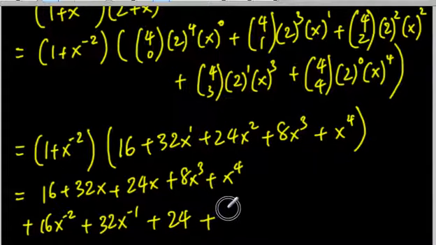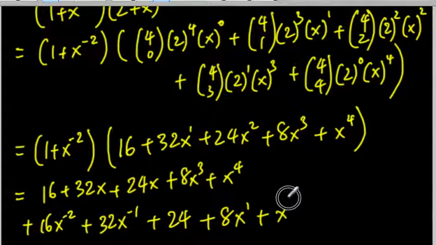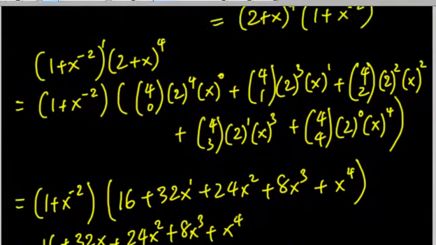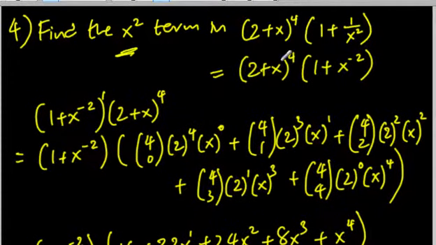plus 8x, because negative 3 plus negative 2 is x to the power of 1, and then finally plus x squared. Oh sorry, I made a mistake here, I should have put squared over here. Remember, the question asked us to find out what the x squared term is.